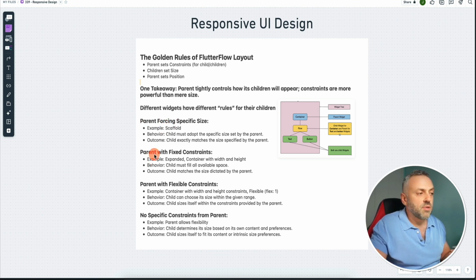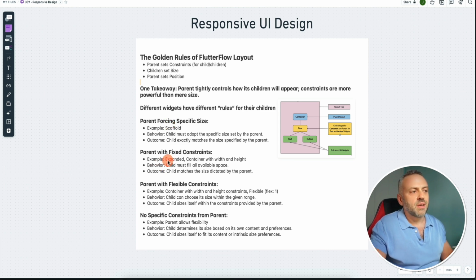The next scenario is that we have a parent with fixed constraints. What this means is that it basically tells the child, these are the constraints that I'm giving you, and you have to respect those constraints. It's a little less strict than the specific size scenario.